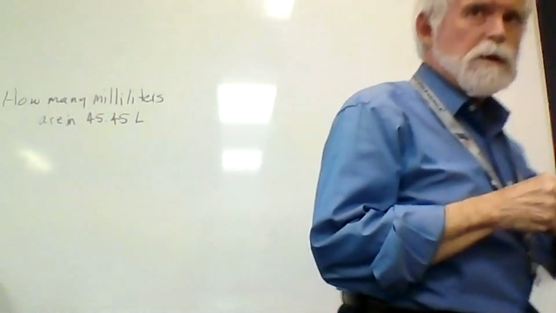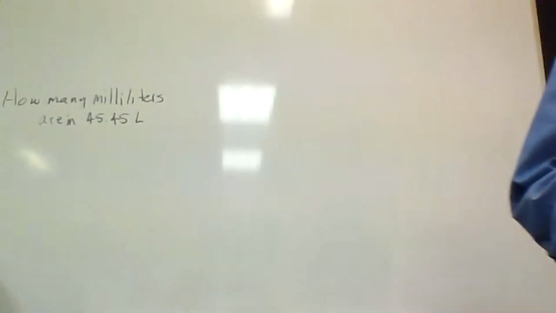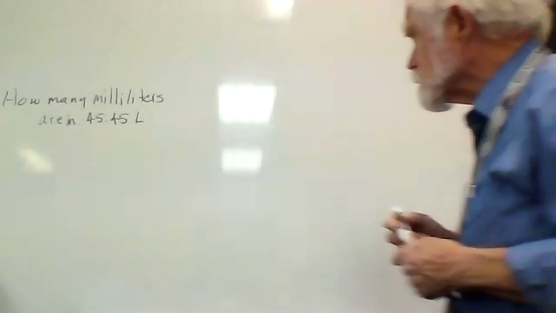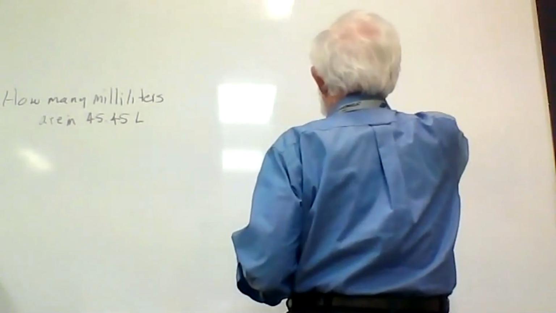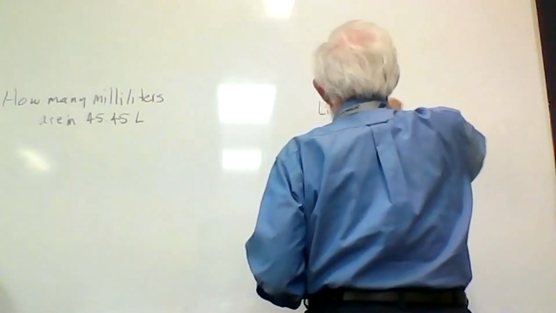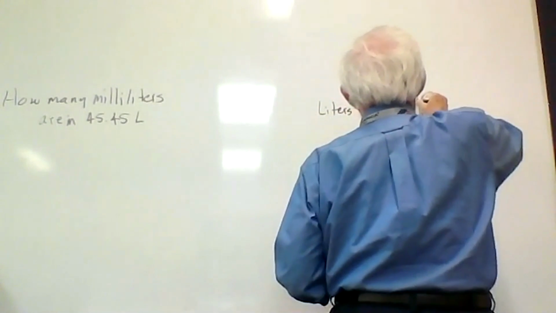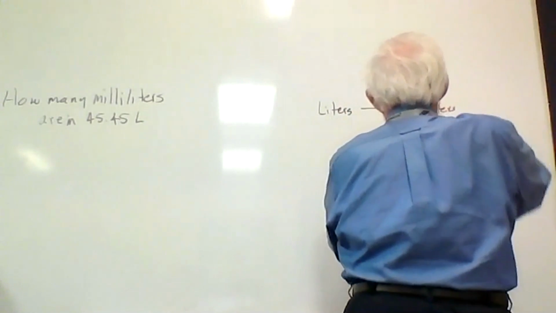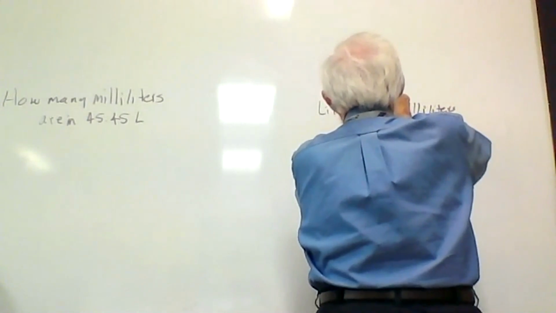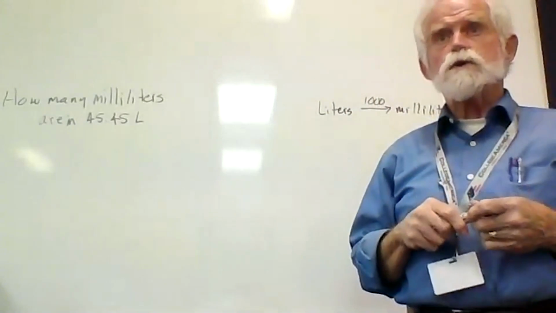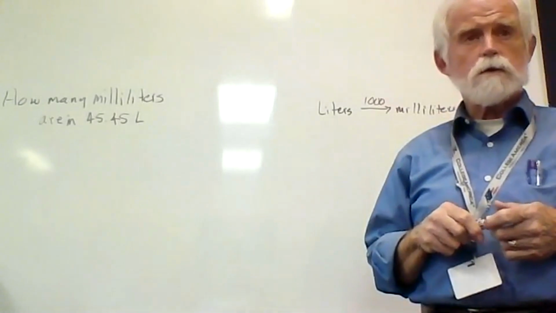You probably all remember that. But let's go back and look at our conversion rubric. Our conversion rubric gave us liters, milliliters, with a factor of 1,000, meaning that there are 1,000 milliliters in a liter.